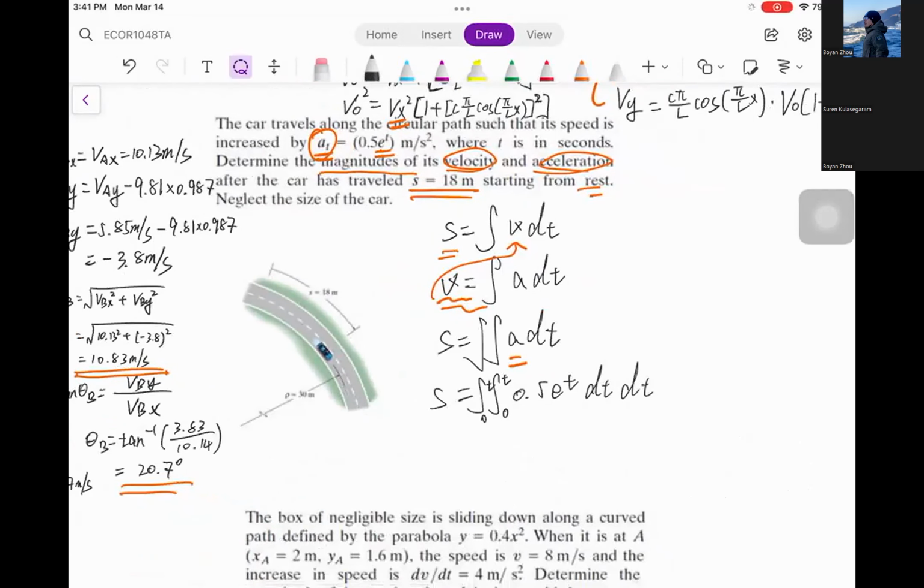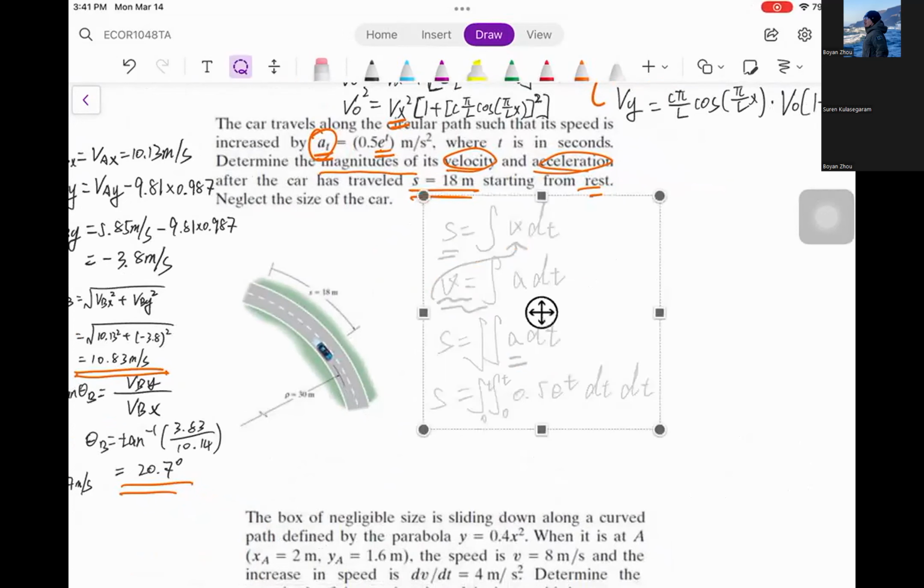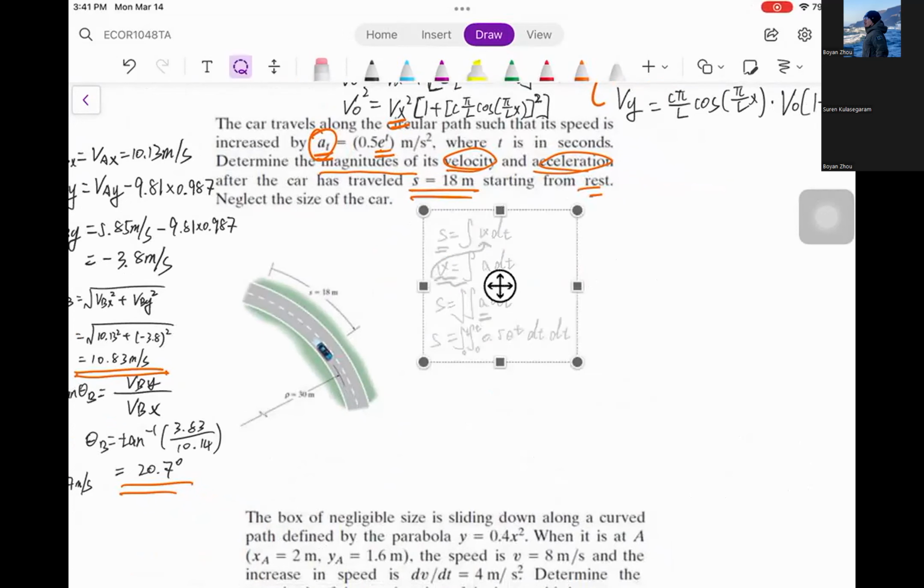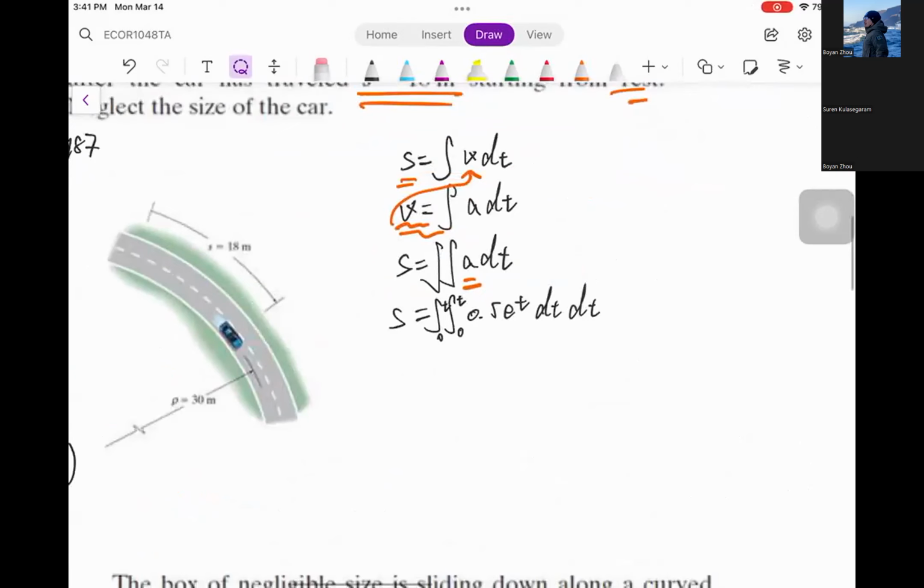And then we just solve the integration here, just solve it twice. The first time is from 0 to t, and the integration of 0.5 e to the t is 0.5 e to the t minus 0.5 dt.